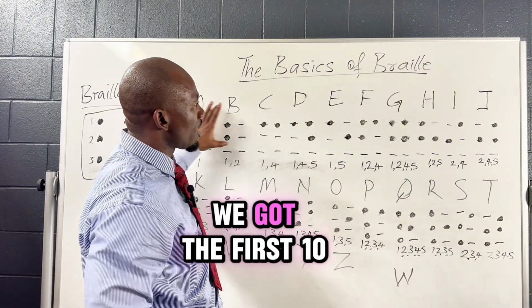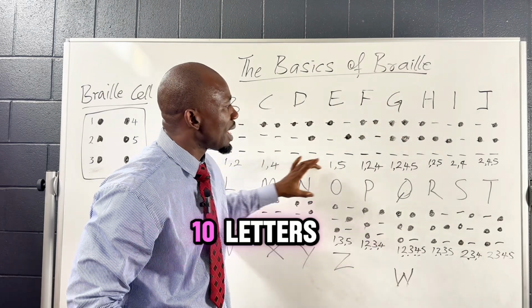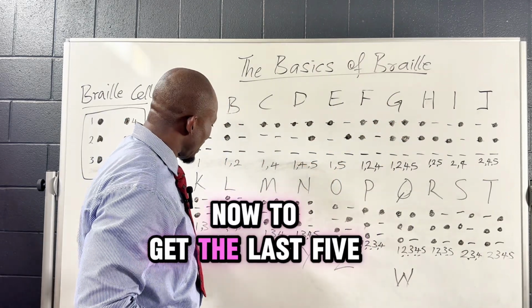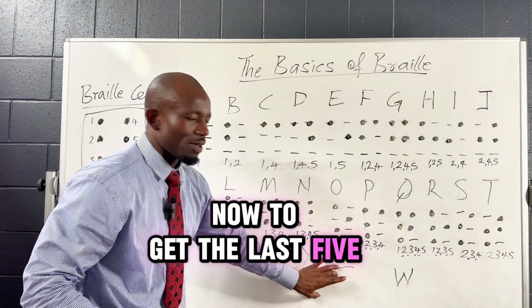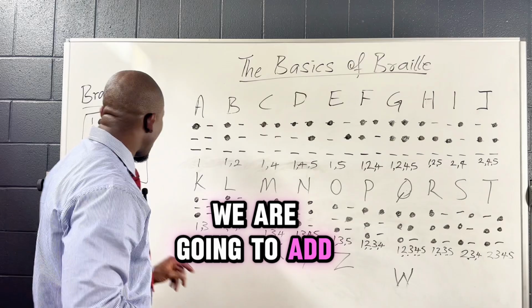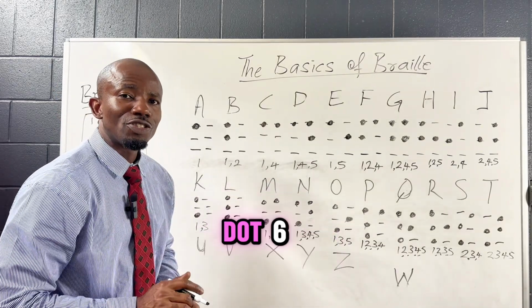Remember, we got the first 10 letters. And to get the second 10 letters, we only added dot 3. Now, to get the last 5, or even the last 6, we are going to add dot 6. We are going to add dot 6.